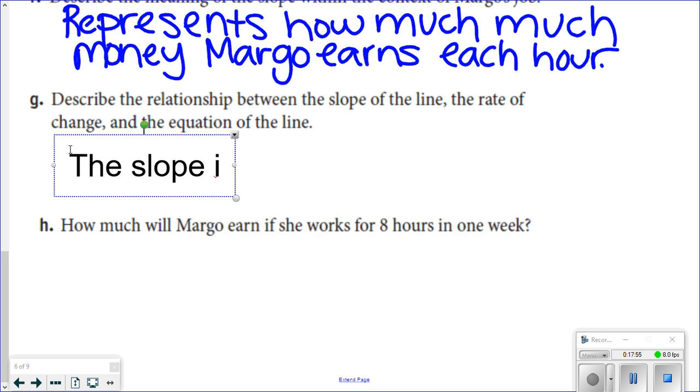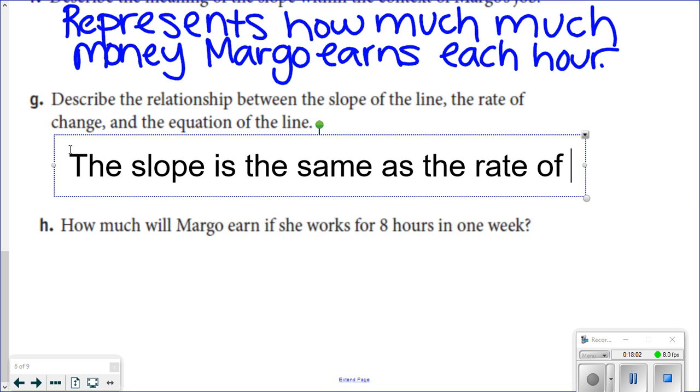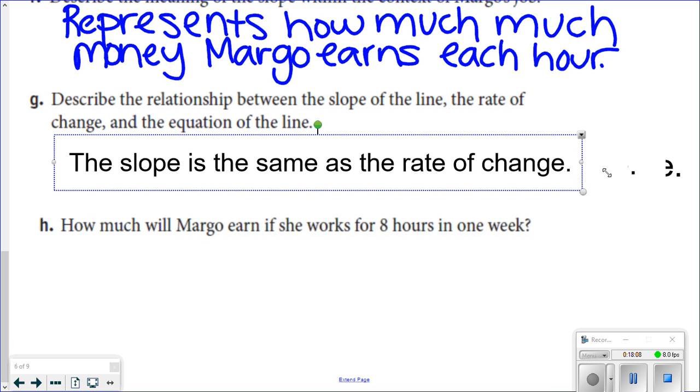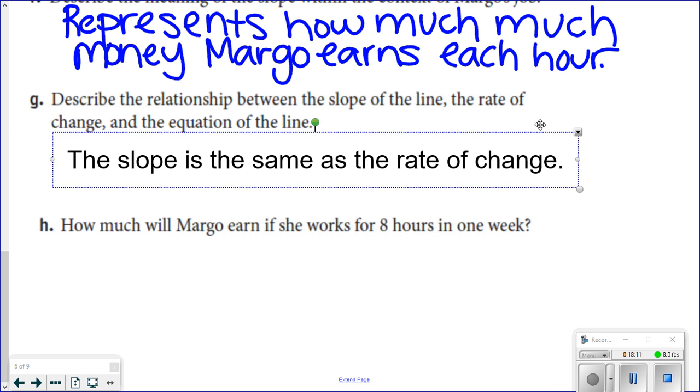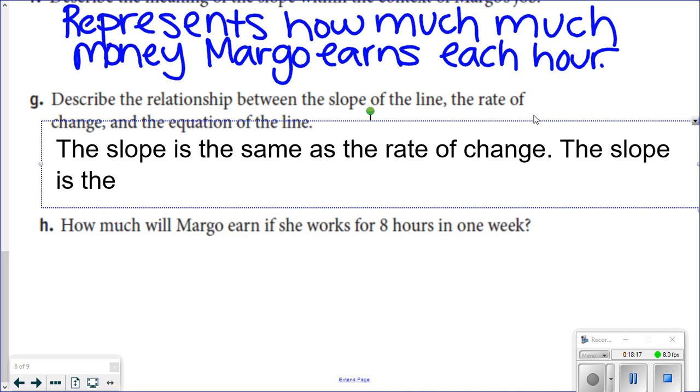The slope is the same as the rate of change, right? Those are equal. They were both 2. And the slope is the coefficient of the x in the equation.